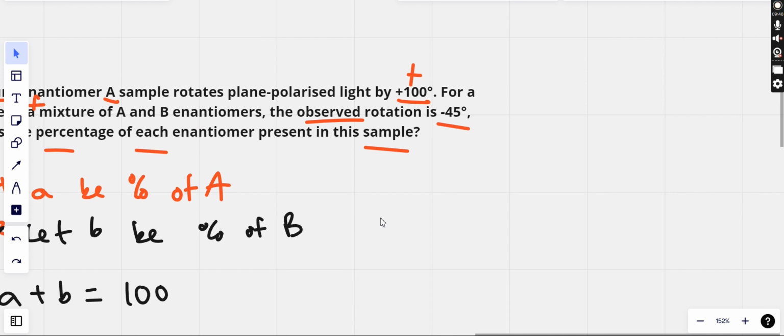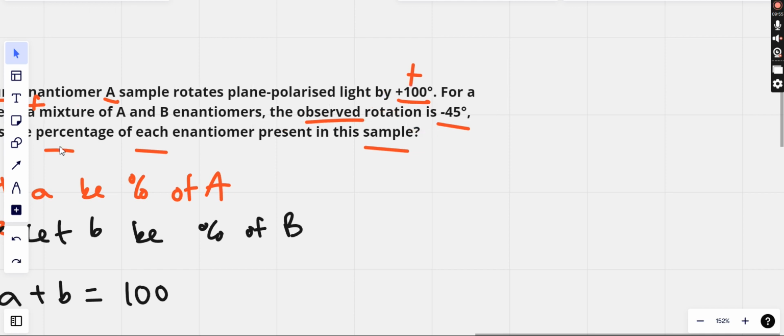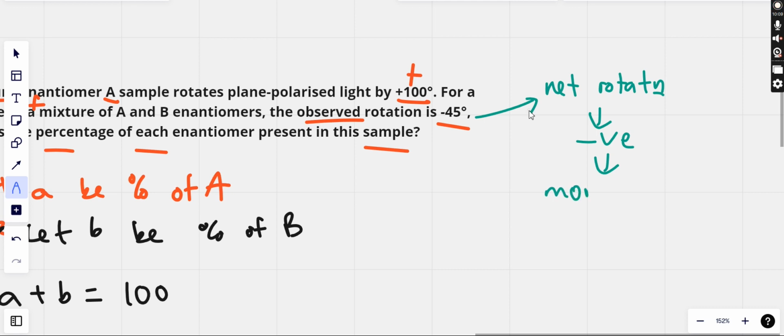This means the net rotation is negative, so there is more B than A, because B is turning it by negative and A is turning it by positive, as indicated with this plus sign.